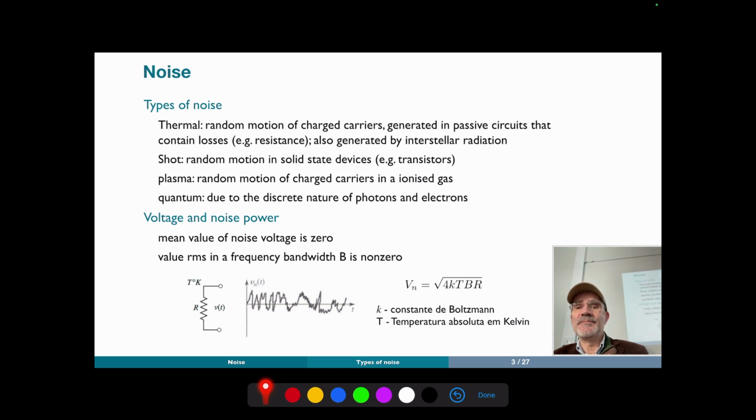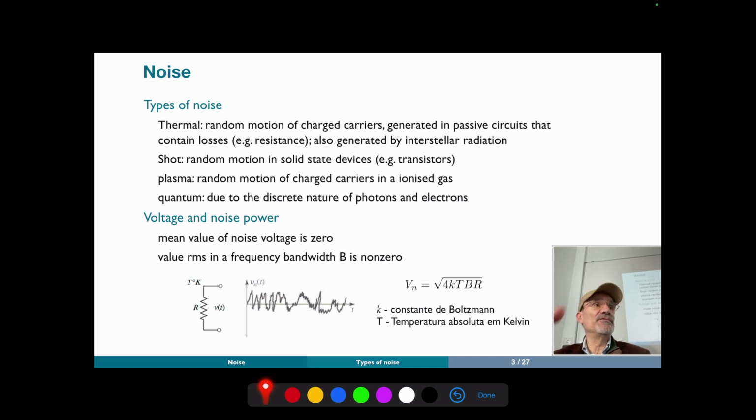For example, this is a type of noise that is relevant in satellite communications due to ionized gas in the atmosphere. And also quantum noise is due to the discrete nature of photons and electrons. For example, it occurs when you have photo detection of optical signals on a photodiode.